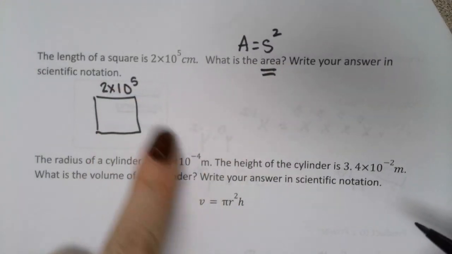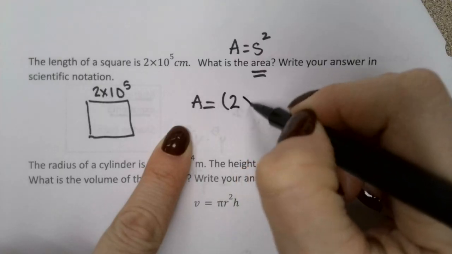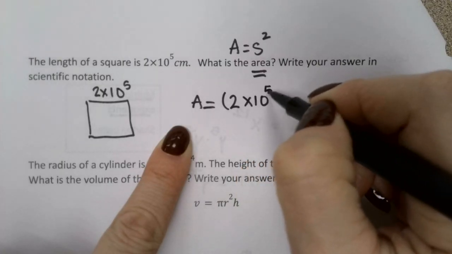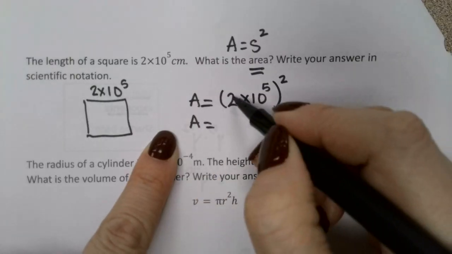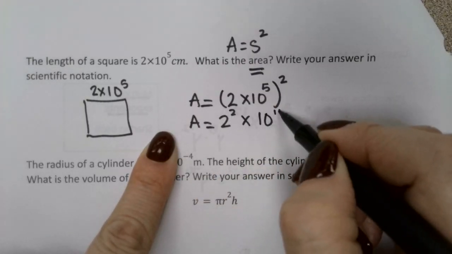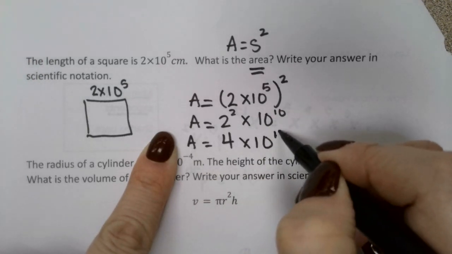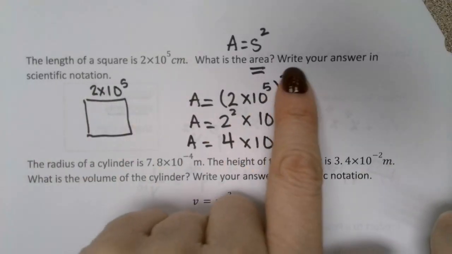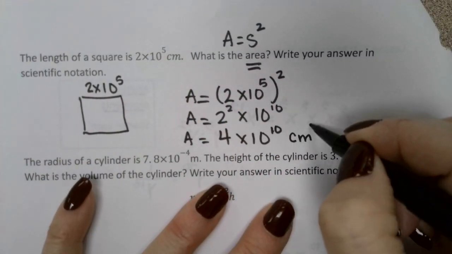So I'm going to take that side length of 2 times 10 to the 5th and I'm going to square it. So we'll have A equals 4, or 2 squared, times 10 to the 10th. And then it says to leave your answer in scientific notation, so then you would write centimeters squared.